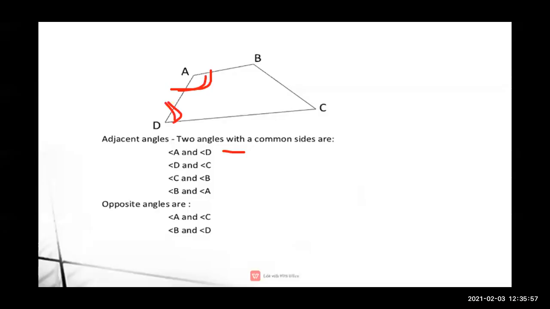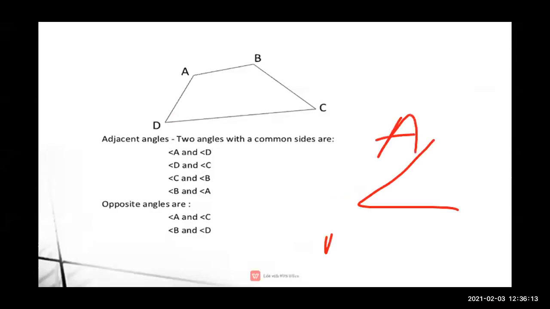See how it came. Now look here. Angle means you have to write the name in 3 points. The angle is made like this, that is ABC. This is our first angle. So here the first angle is what? The first is ABC.